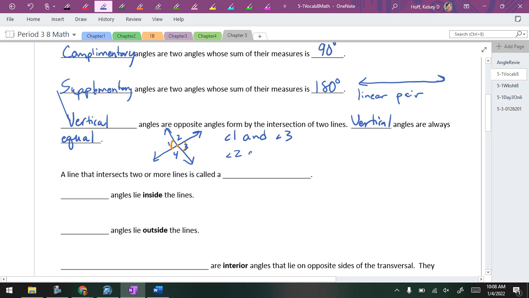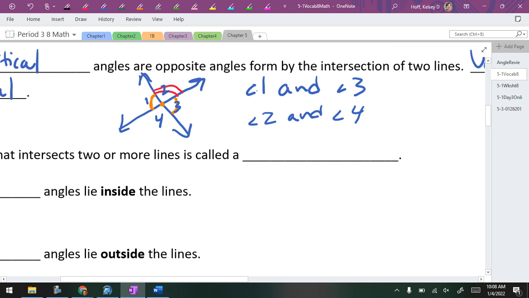Angle 2 is opposite angle 4. You'll see swoops used sometimes. Like on 1 and 3, I have 1 swoop on each. On 2 and 4, I would put 2. That means that they're equal, just so you know that notation. Okay. Vertical angles, they share a hinge like your elbow, but go in opposite directions.